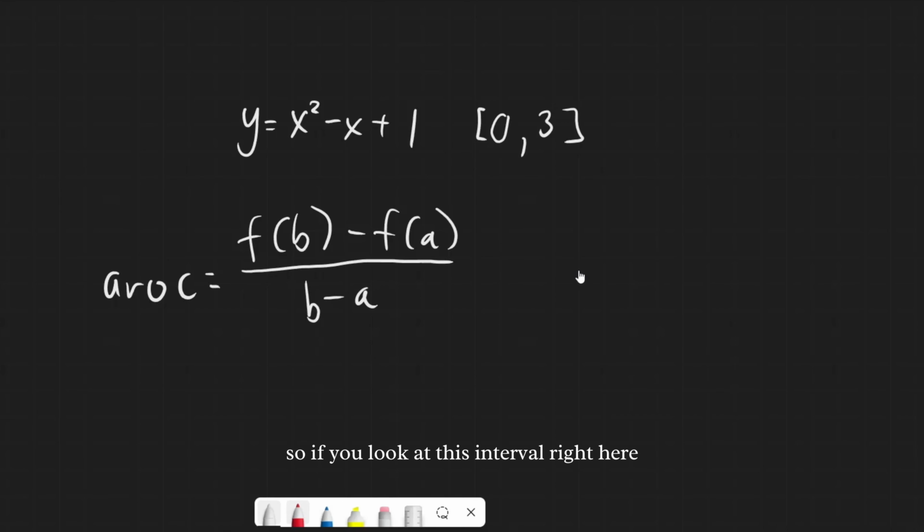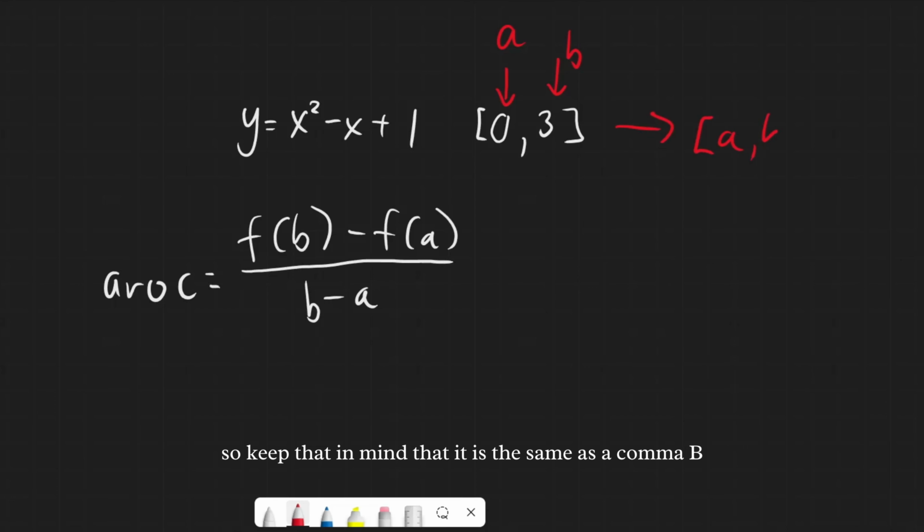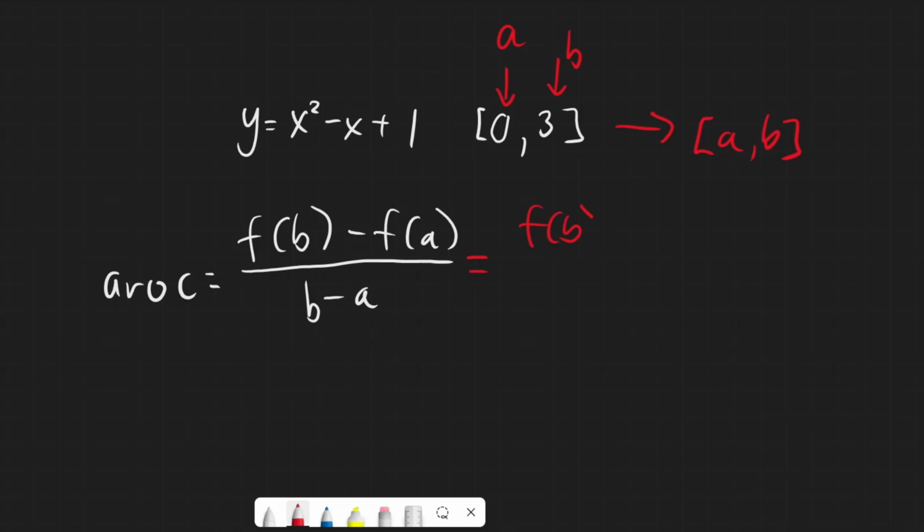So if we look at this interval right here, this first number is a, and this second number is b. So keep that in mind, that it is the same as a comma b. So let's go ahead and apply this. We can go ahead and fill in these fields right here with b being 3 and a being 0.